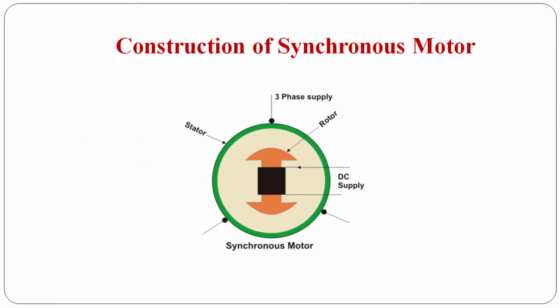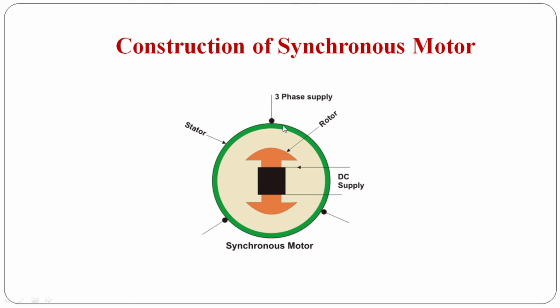When you see the construction of a synchronous motor, it consists of two parts, that is stator and rotor, same as other machines. The stator is the stationary part, the rotor is the rotating part, and to the rotor we give the DC supply, and three phase supply is given to the stator. So a rotating magnetic field will be produced in the stator, because when we give three phase supply to the stator, three EMFs will be induced.